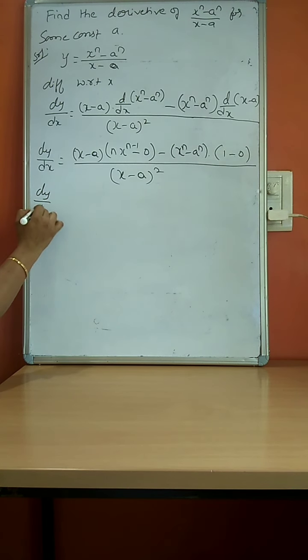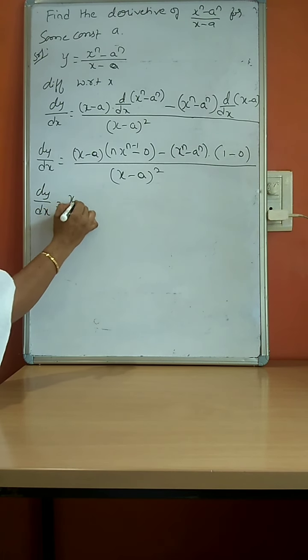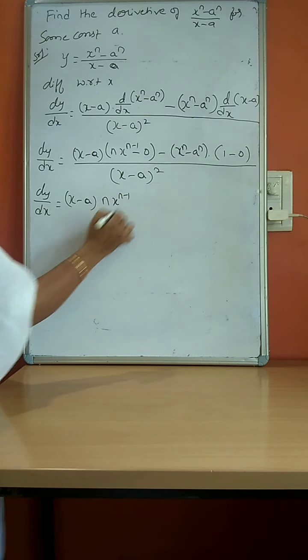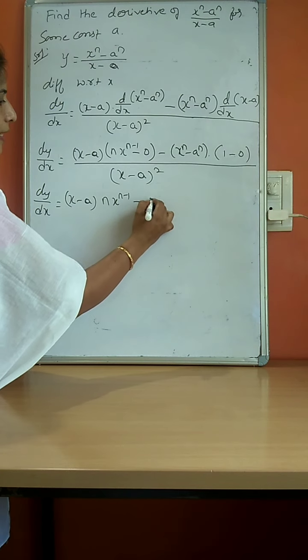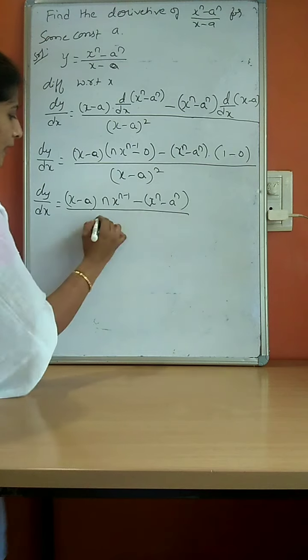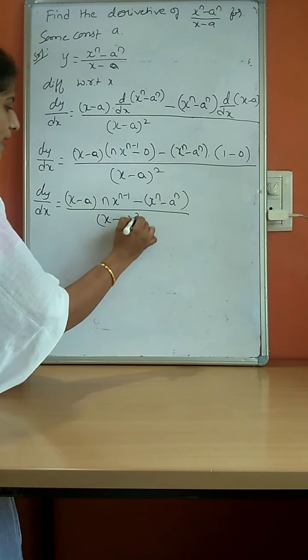Therefore, dy by dx is equal to x minus a into n x to the power of n minus 1 minus x to the power of n minus a power of n, over x minus a all square.